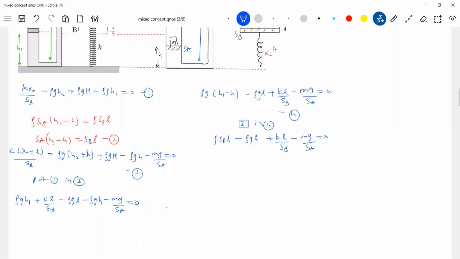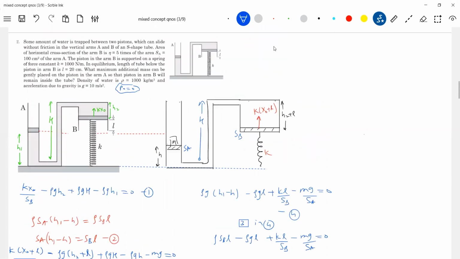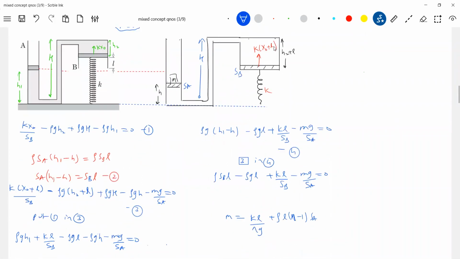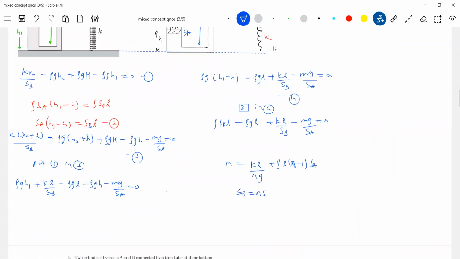SB is equal to eta times SA, so from that SA will get eliminated, and SB will get eliminated. So the final answer I'll write: KL eta G. SB equal to eta times SA is given, from there that eta will come. This will be our answer.